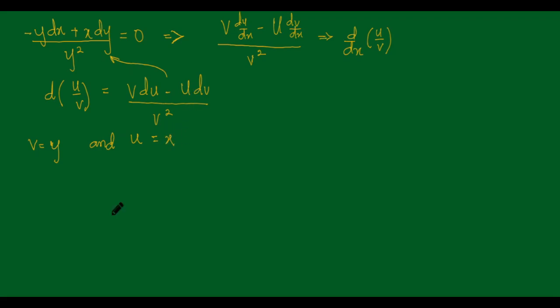So you can either write this or you can say your v is minus y and u is minus x. It's still the same thing. So we can write this expression as the differential of x over y to be equal to 0. So by doing this, we can integrate both sides.